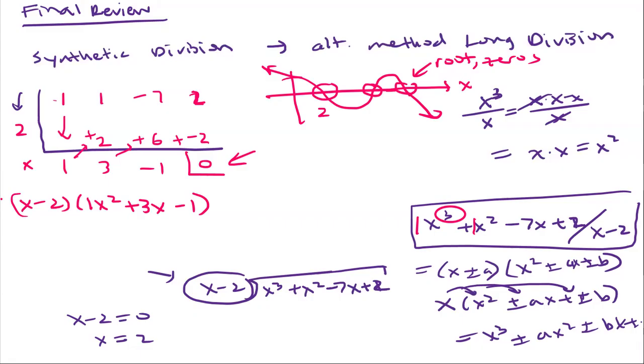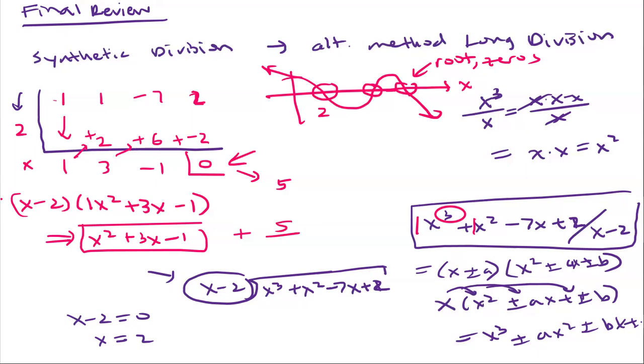So in this case, we would have x squared plus 3x minus 1. We have a remainder of 0. So actually, this would be our answer here. If we had a remainder, say the remainder was 5, then we would say plus 5 over x minus 2.